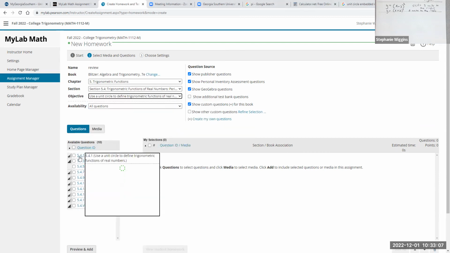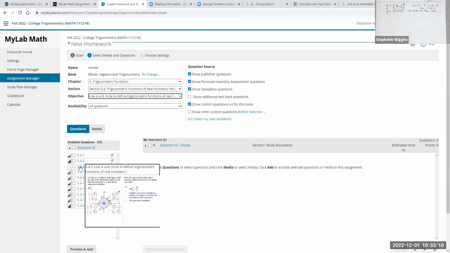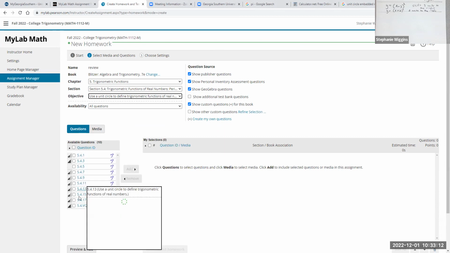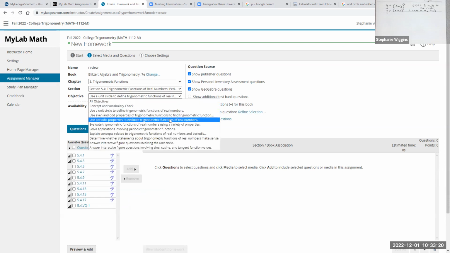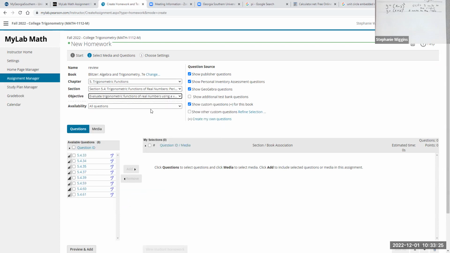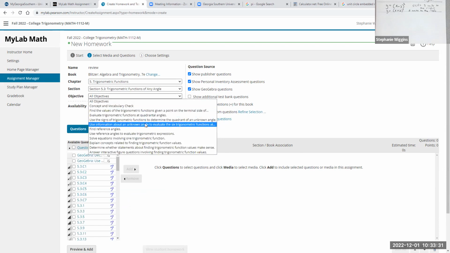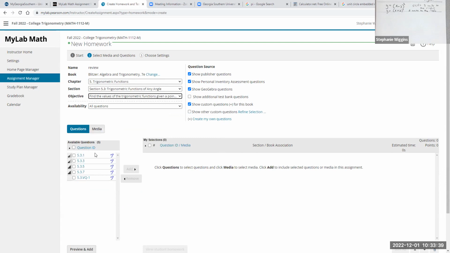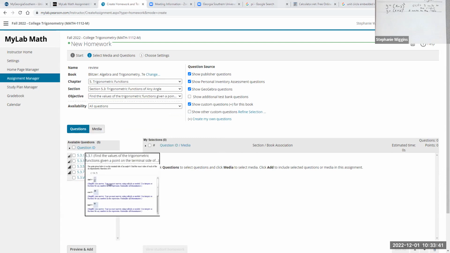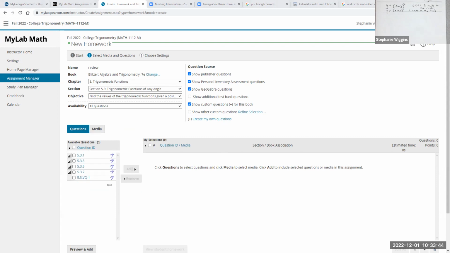Oh, here it is. Maybe that's from 5.3, I'm thinking.